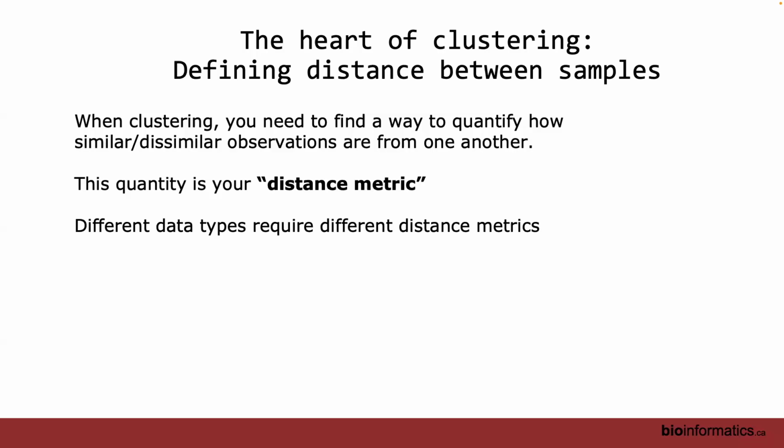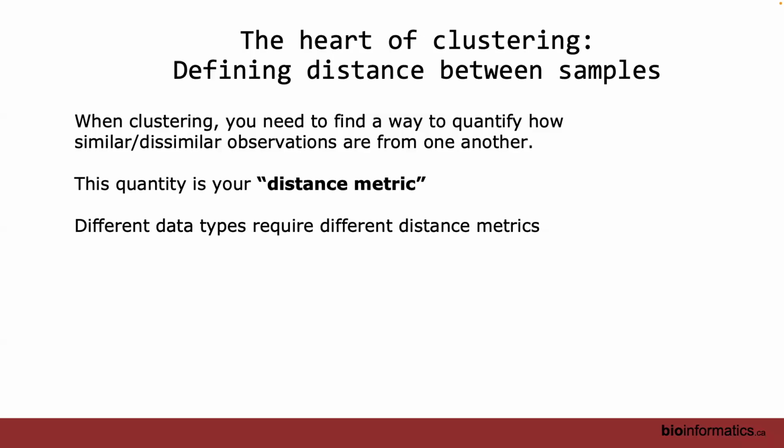And again, different data types need different distance metrics. This is why you have so many options for metrics. The kind of distance you compute for gene expression data is different from the distance you compute for sparse, count-based data. If you have continuously valued numbers, like from a microarray, you would use a different distance metric than if you have discrete values.